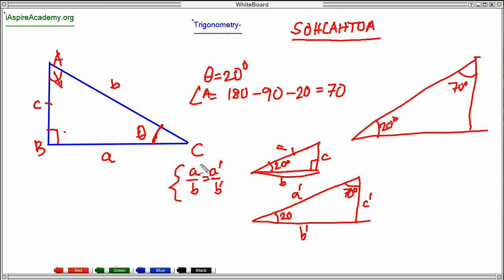So for example, we have theta here. Sine of theta, which we say sine theta, is equal to, let me choose a different color, let's choose blue, C by B. S is for sine.